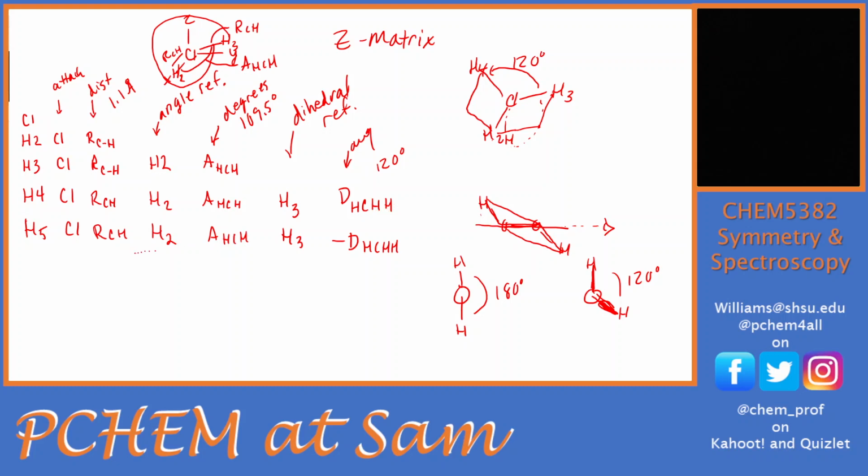We have the atom that we're talking about, H5, and it's bonded to C1. It's got an angle with H2 and a dihedral reference with H3. So these 2 right here form the axis. These 2 right here are in both planes. Let's see, is that right?